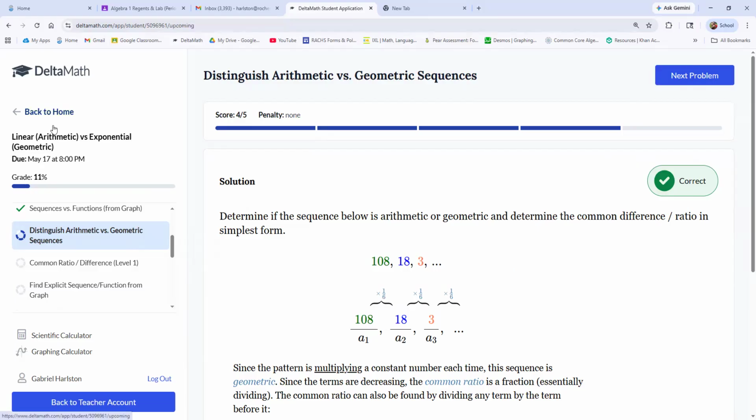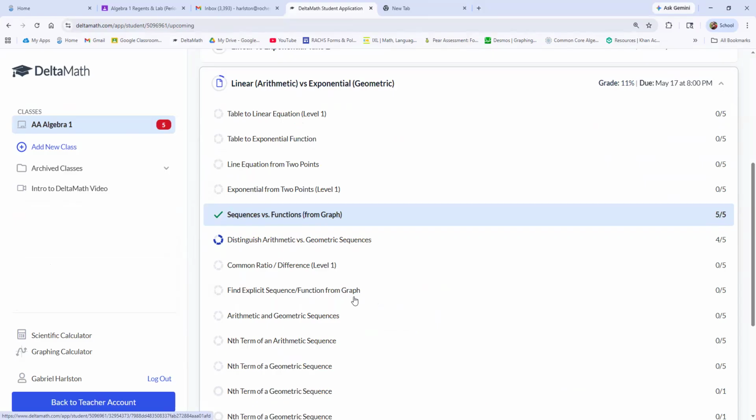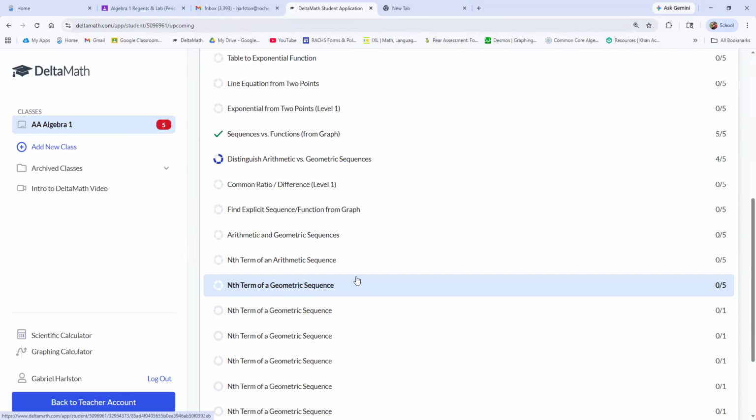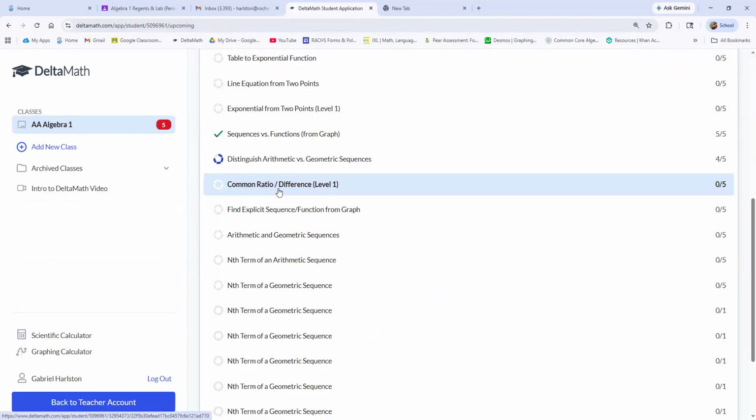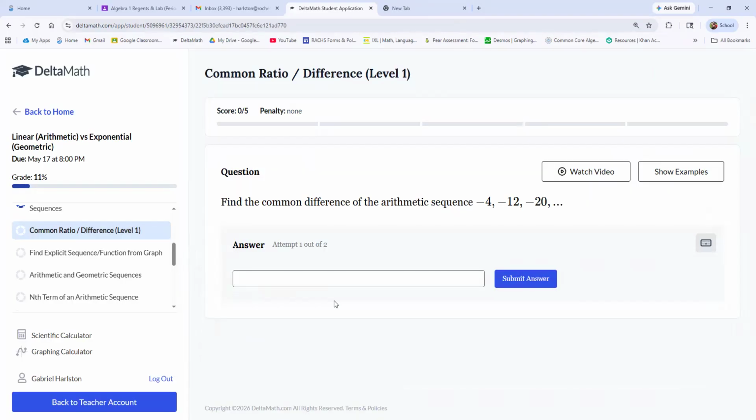Let me go back and see if there's anything else I wanted to do a quick take on. Let's see. What's this guy? This is kind of the same idea. They're just asking us to find the common ratio, or the common difference, right?